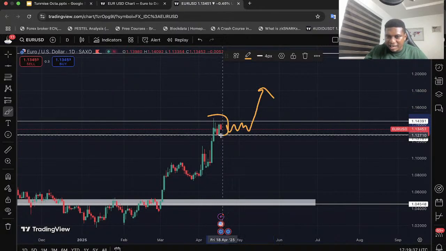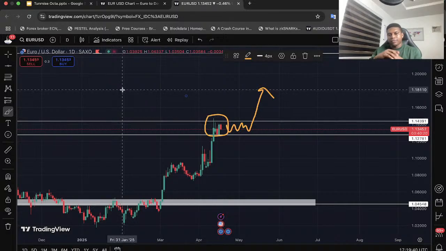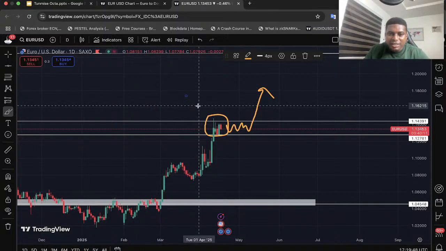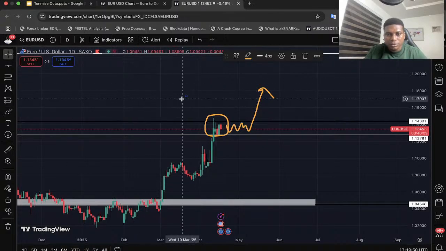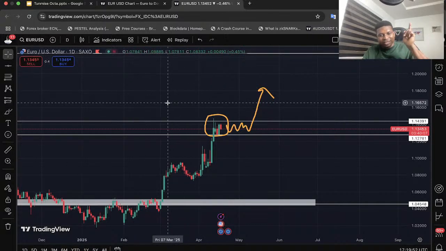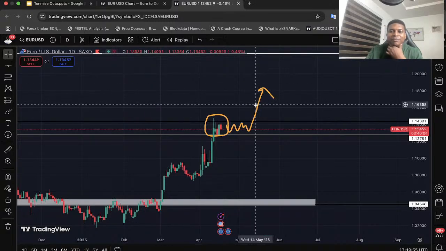Once the consolidation is complete, then price will take off, more like a tornado.